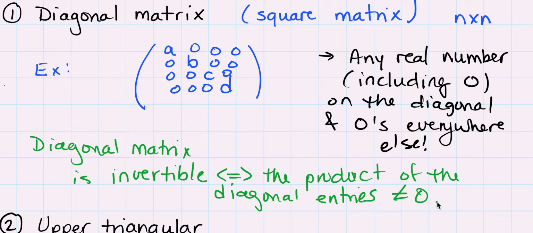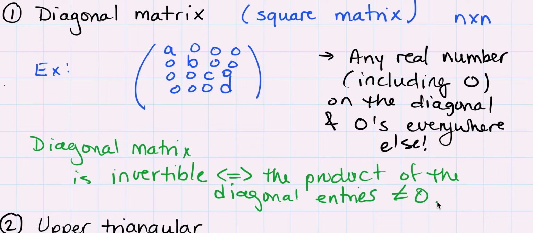And why is that? Well, for a matrix to be invertible, remember it has to be row equivalent to the identity matrix. In order for a matrix to be row equivalent to the identity matrix, that means when you put it in reduced row echelon form, you get the identity matrix.